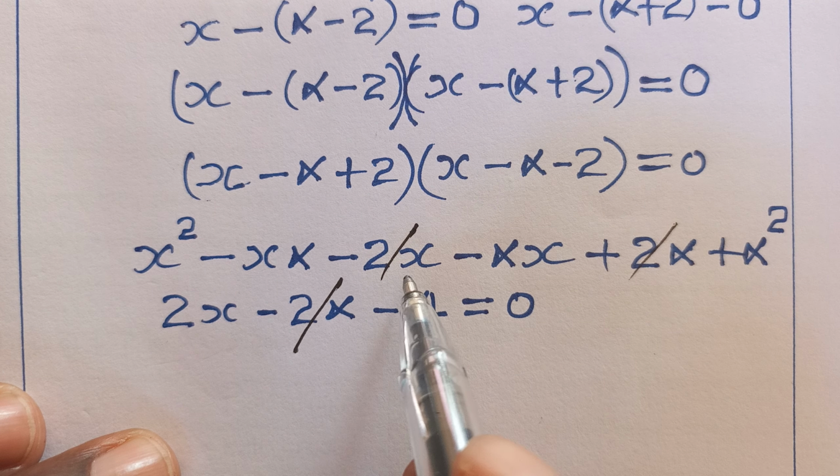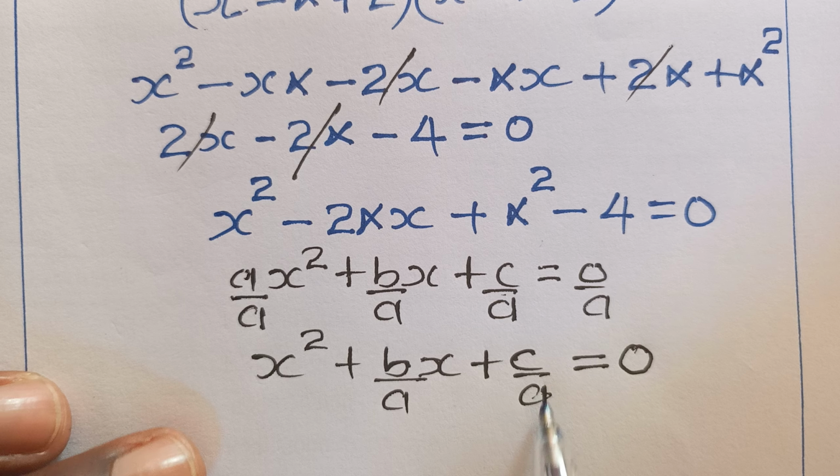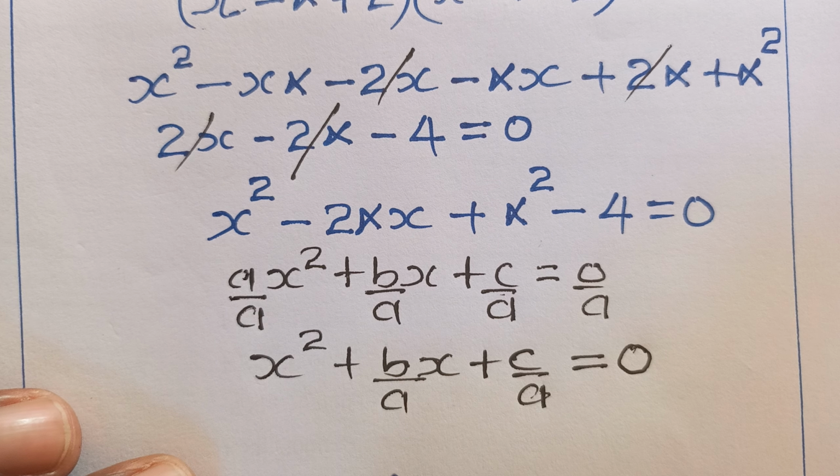And since the coefficient of x squared here is 1 in the other equation, we have to divide throughout by a to make the coefficient 1 here, so that we can now equalize. All these can be equated to this. So we shall have x squared plus b over a x plus c over a once you divide by a.